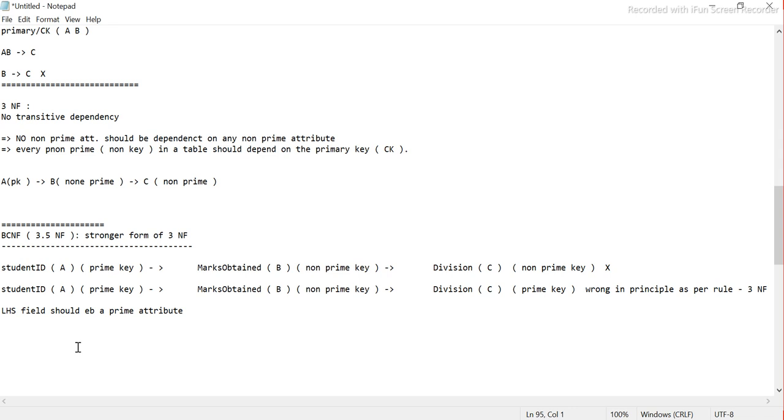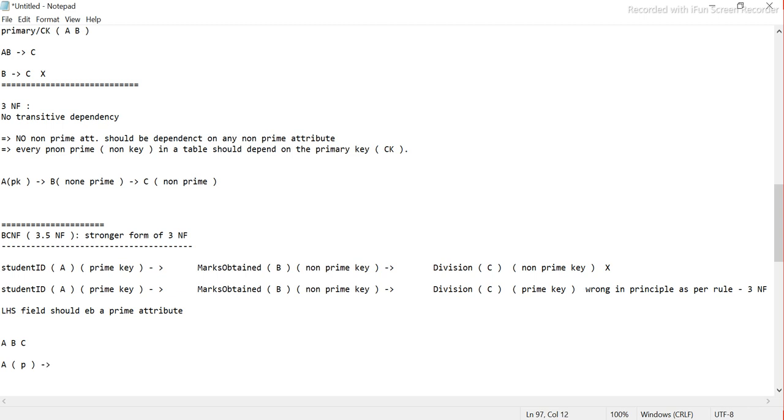Let's say I'll just take an example with A, B, and C. A is prime, and the relation can go like this.